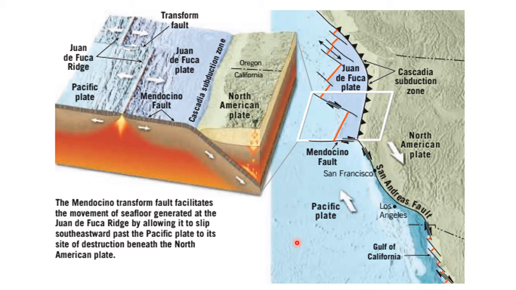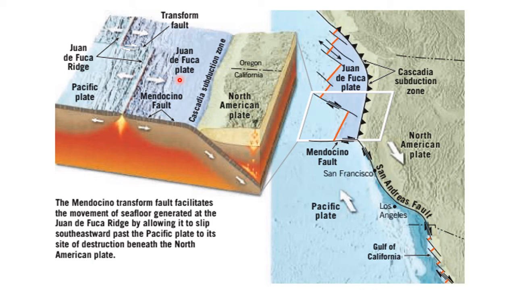Here the seafloor produced at one ridge axis moves in the opposite direction of the seafloor produced at an opposing ridge segment. Thus, between the ridge segments, these adjacent slabs of oceanic crust are grinding past each other along the transform fault.